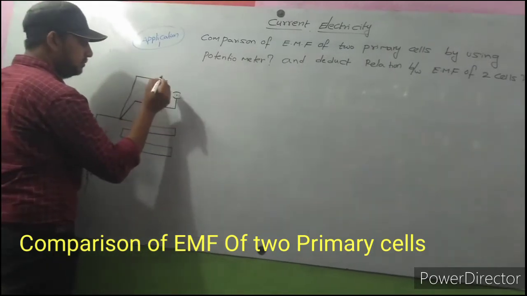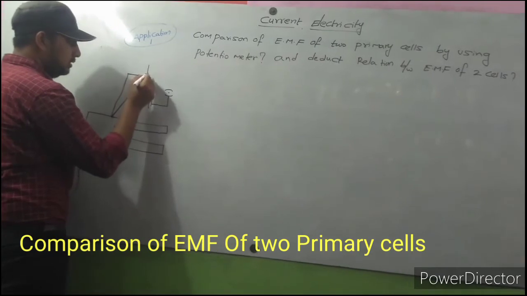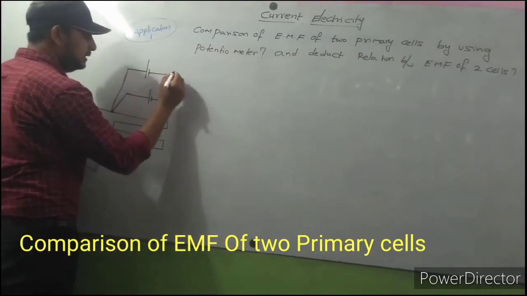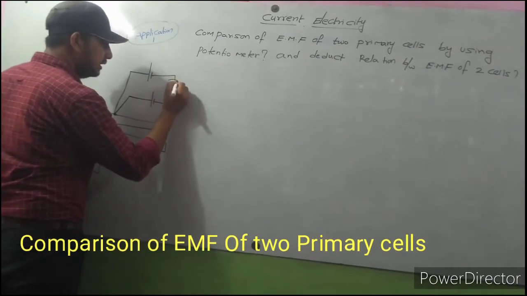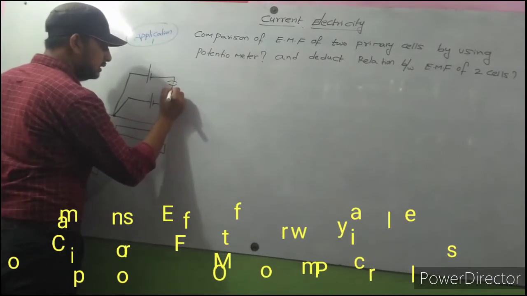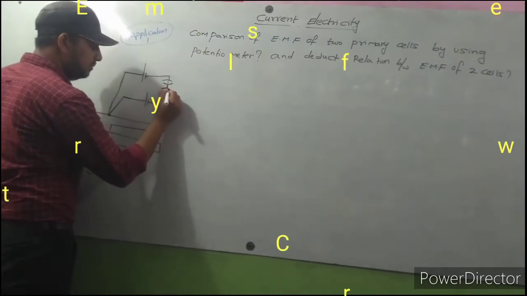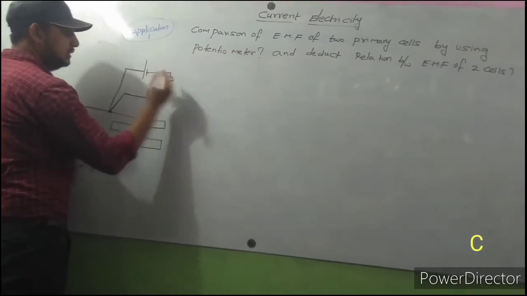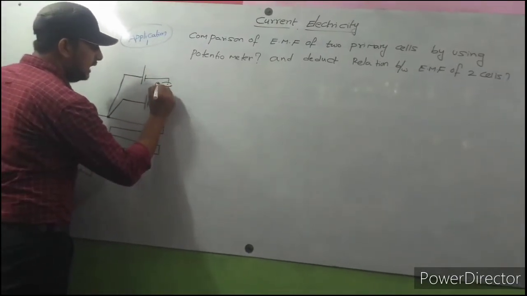This is the circuit diagram. This is another cell, also connected to another key. These two keys, key 1 and key 2, meet with a wire.